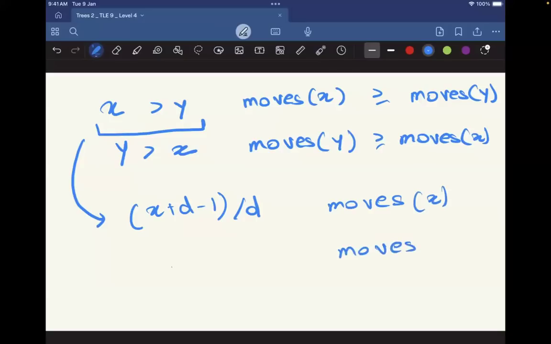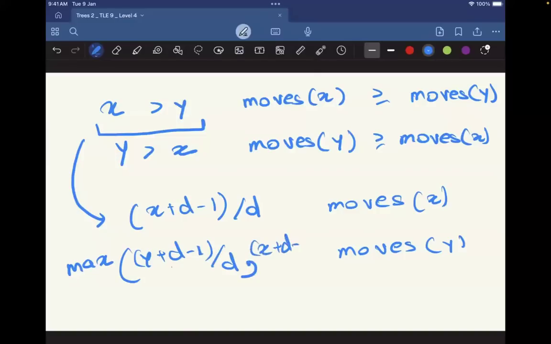Guys, do you all agree that the number of moves we would do for Y is the maximum of (Y plus D minus 1) divided by D, comma, ((X plus D minus 1) divided by D) minus 1?